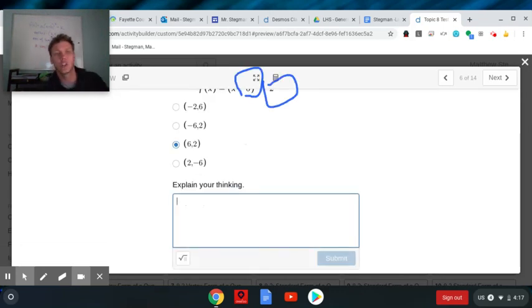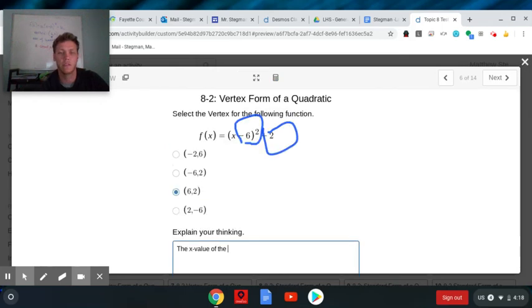This question wants you to explain your thinking, right? So you'll only get partial credit if you get the correct answer here, but you've got to explain why you chose that answer, right? And I'm going to say the x value of the vertex is found in the parentheses, but it is always opposite.